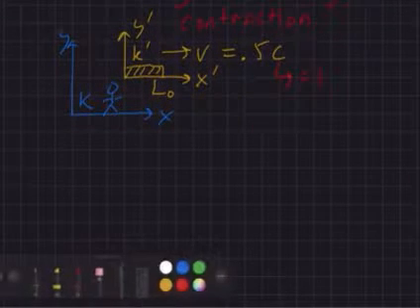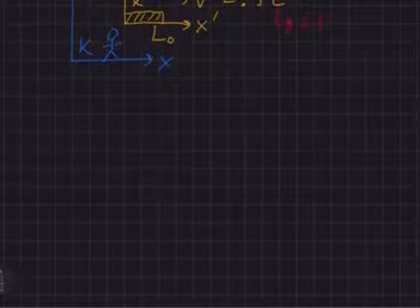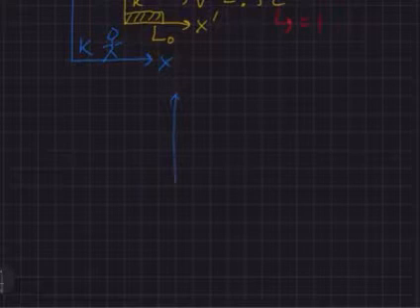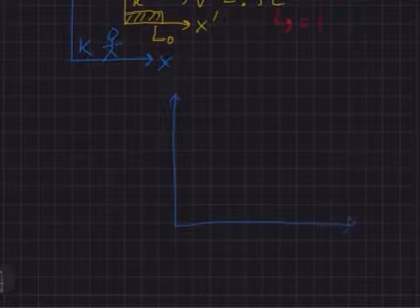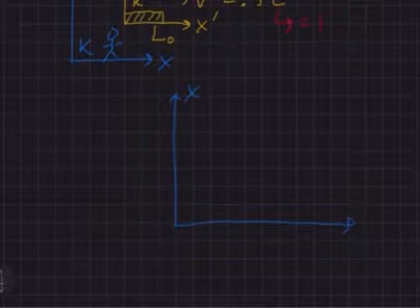Next, we want to create a space-time diagram for a reference frame K, and we just simply plot x versus t, our horizontal displacement versus time.